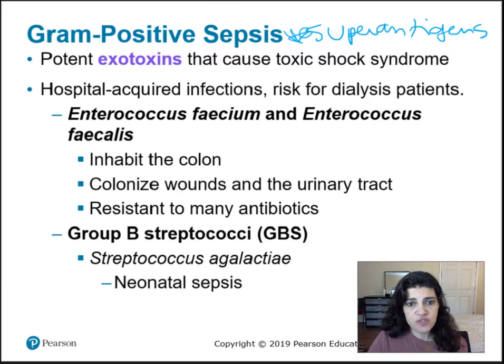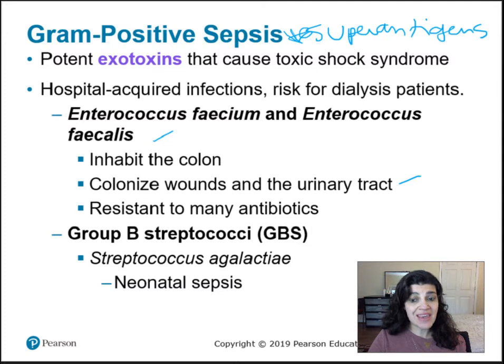So Enterococcus faecium and Enterococcus faecalis are bacteria that are present in our colon. Forget what I said about Enterobacteria, they're gram-positive bacteria that are present in the colon. Enterobacteria are gram-negative, right? So this is gram-positive. They can also colonize wounds and the urinary tract, so they're related to nosocomial infections.